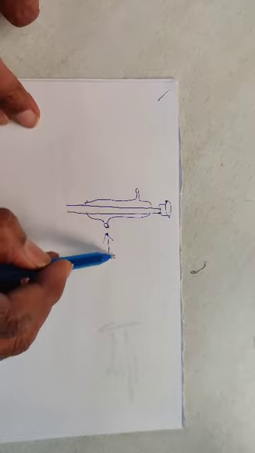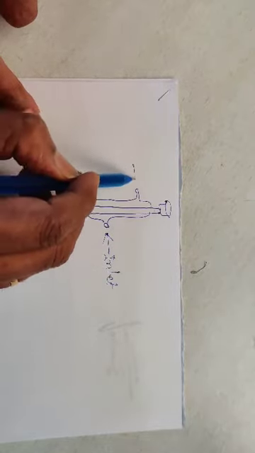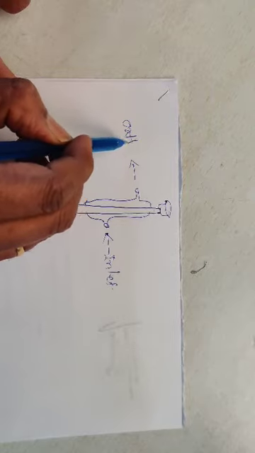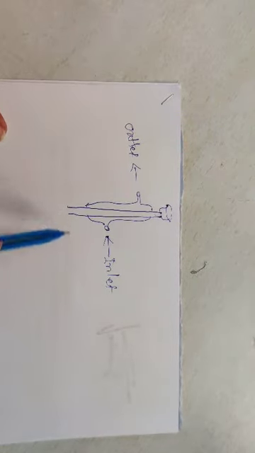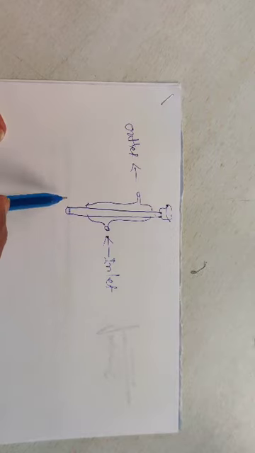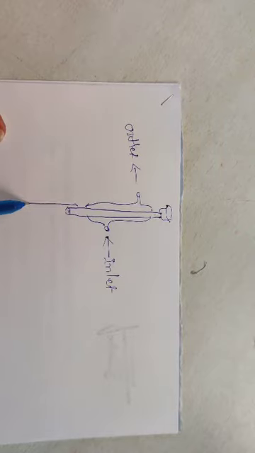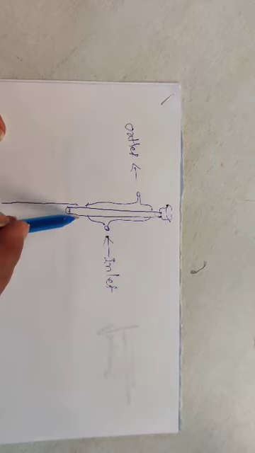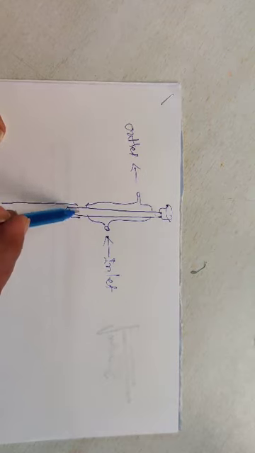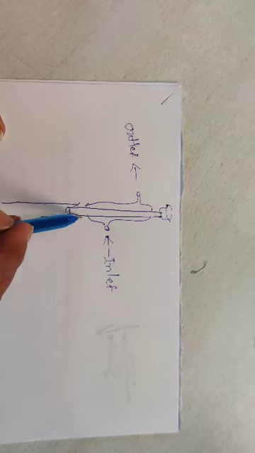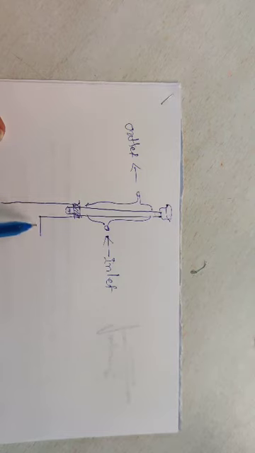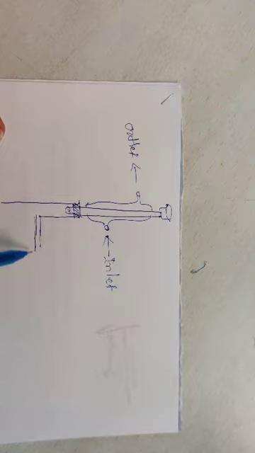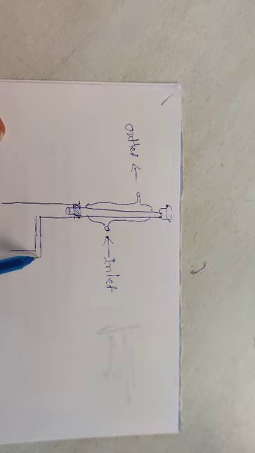This is the inlet, this is the outlet. That should be connected with the trap. The other end of this is connected to a round bottom flask.